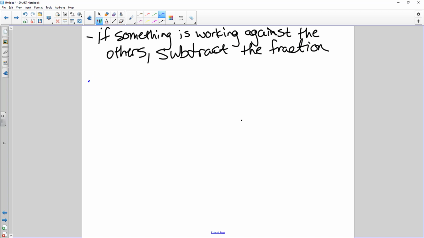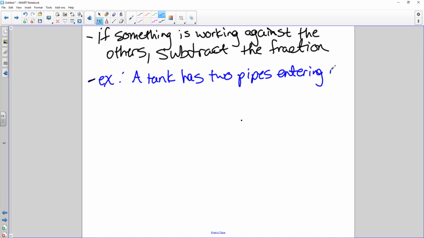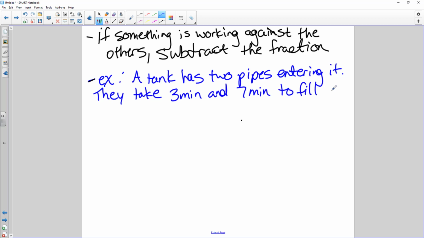Okay, so what I'm talking about, where this could happen, something like this. A tank has 2 pipes entering it. They take 3 minutes and 7 minutes to fill if filling alone.